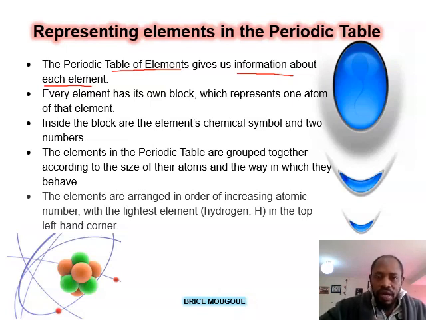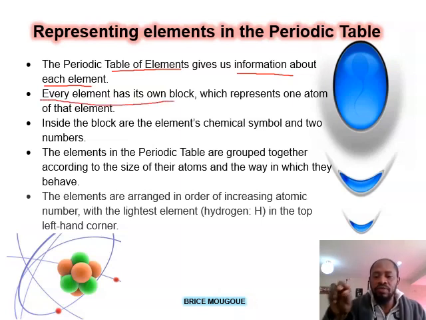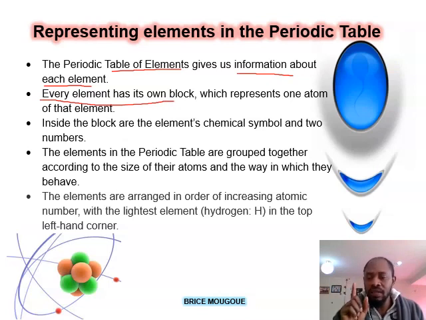And when we look at the periodic table, we'll notice that every element in that periodic table is present in a particular block. It has its own block, and that block represents only one atom of that element. Understand that elements are more or less pure substances. It means that one element is not like a compound. Elements are made up of atoms.